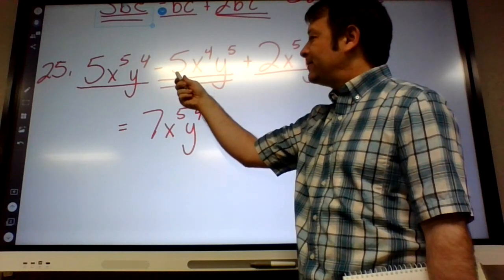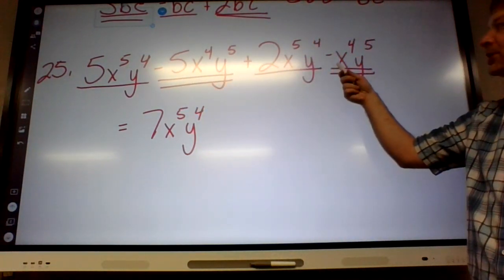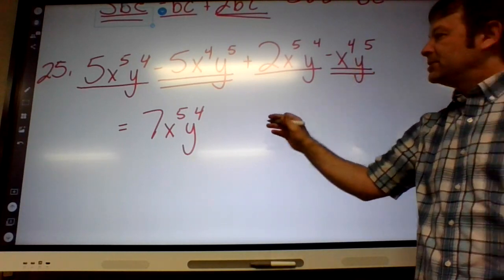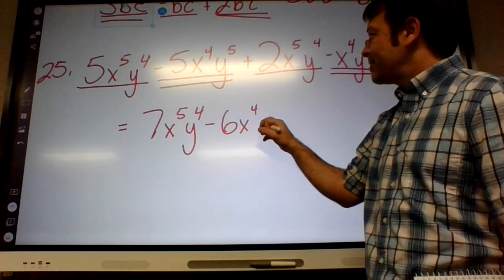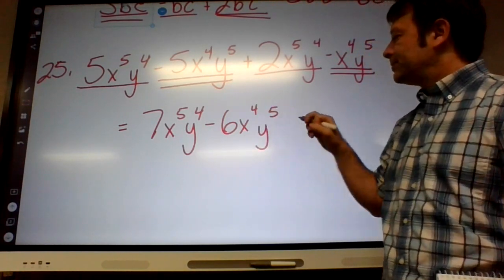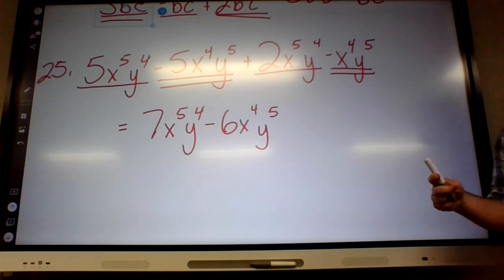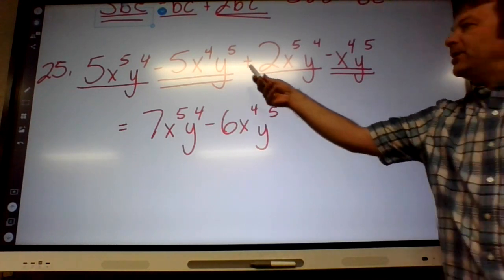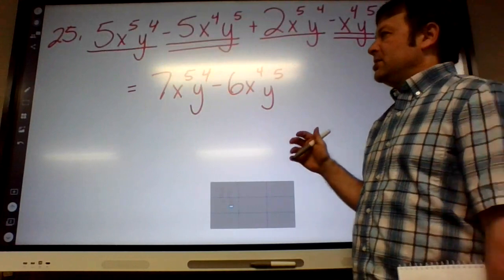Negative 5 minus 1 of these make negative 6 of those. You're not multiplying them? No. When do you add the exponents? That's when you multiply. Right now we're adding and subtracting. We're doing minus and plus and minus.